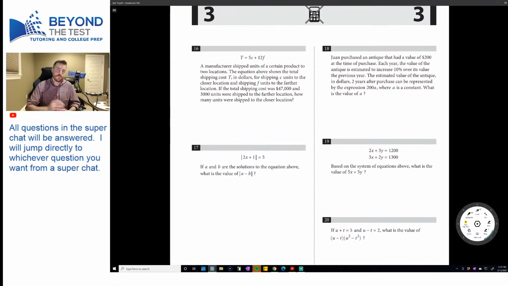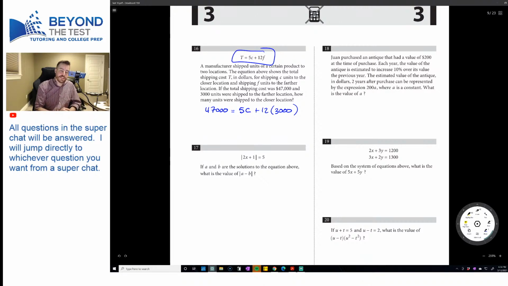Okay, so now this is pretty simple here. They give you the equation. All you have to do is fill this in. So we know the total shipping cost is $47,000. And it said 3,000 were shipped to the farther, so we're going to put that in for F here: 12 times 3,000.